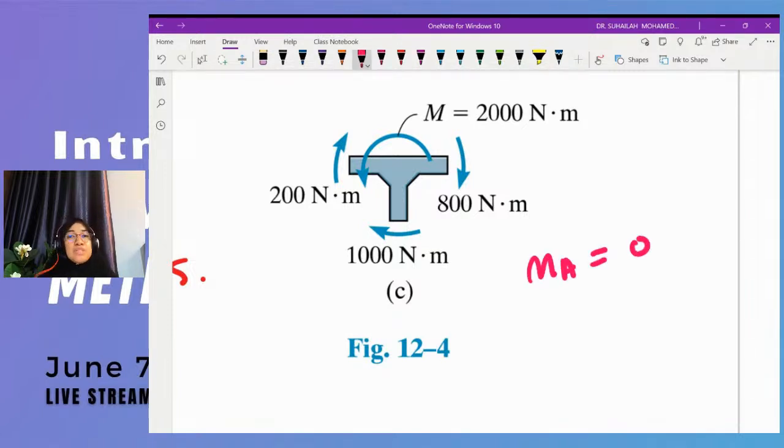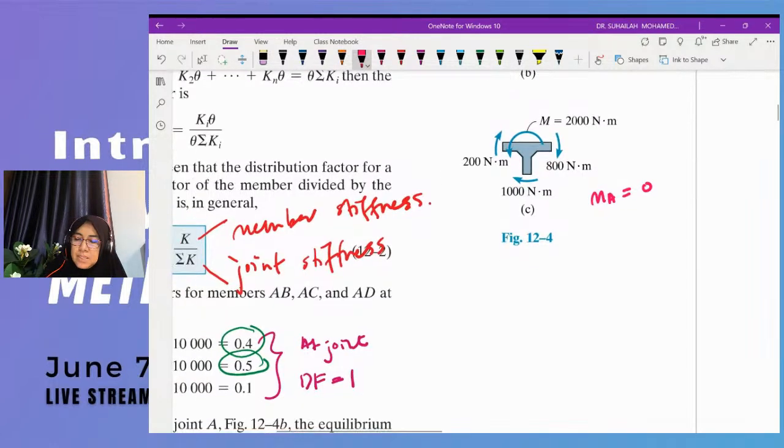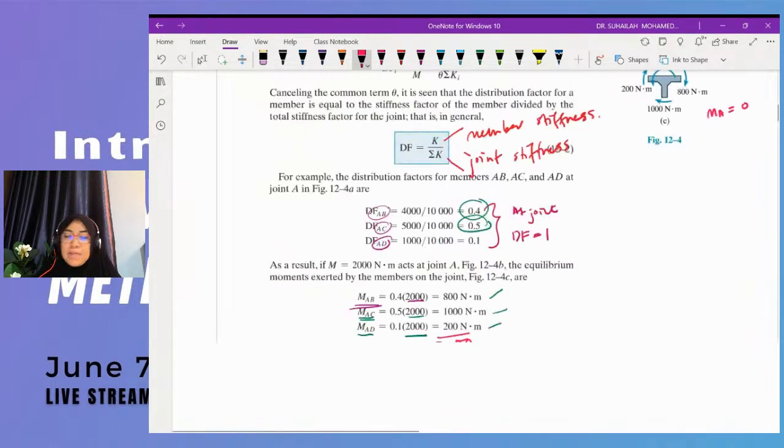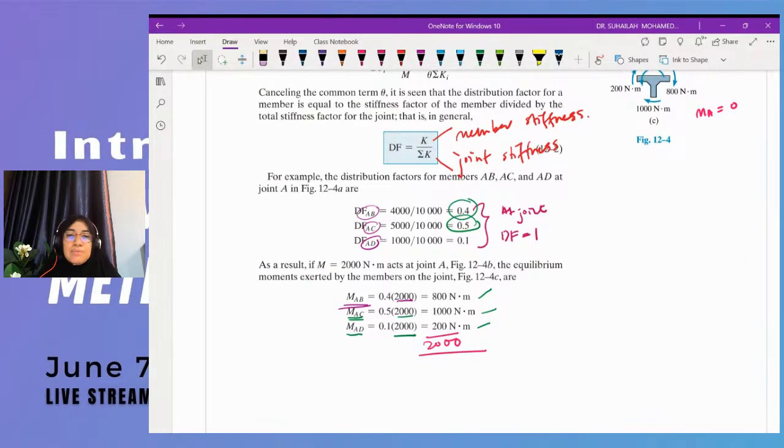This is for checking. We total back the joint moment and member end moments, and we will get 0. So that is the basic thing under the moment distribution method that we have to understand first.